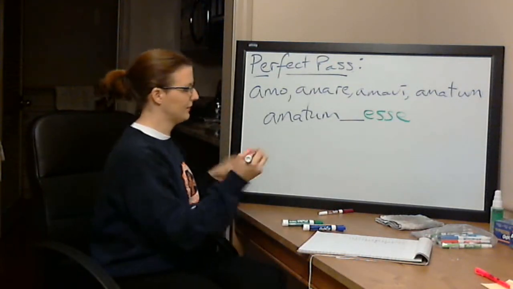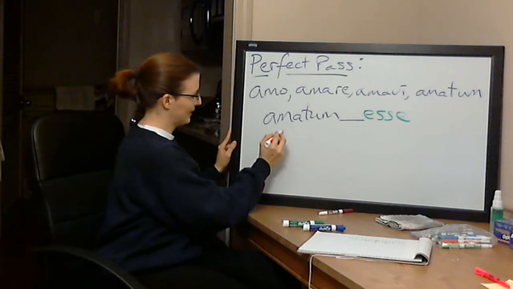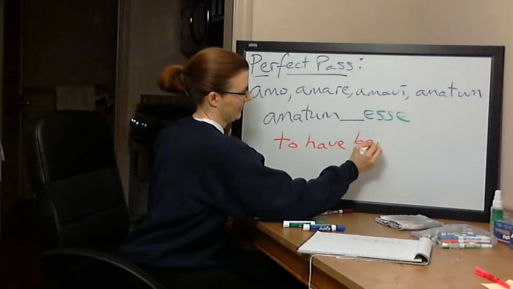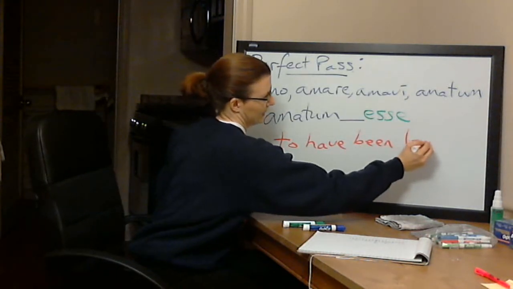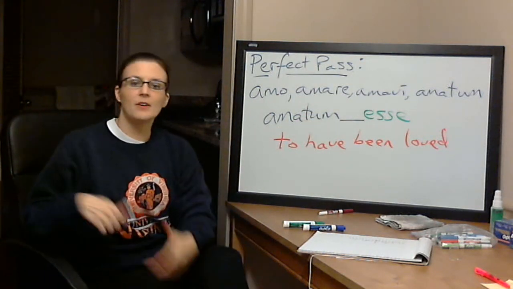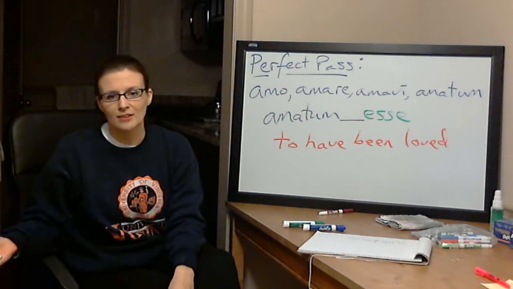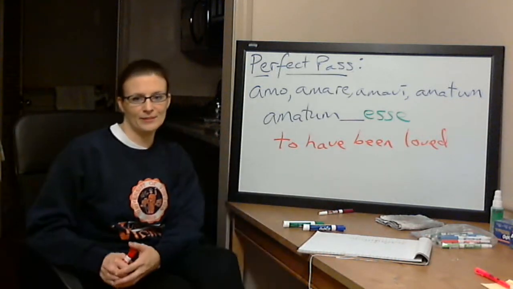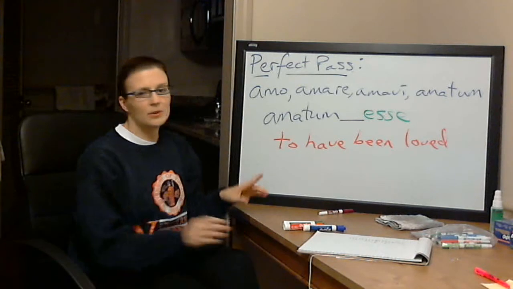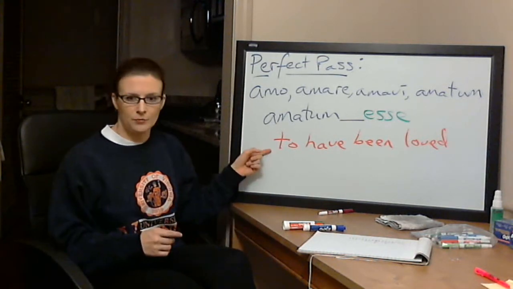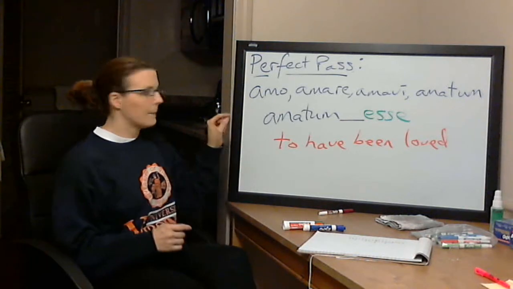And to translate this, we get this wonderfully long "to have been loved." So in that famous line, to have loved and lost is better than to have never been loved at all. This is one of the beautiful things about Latin, how condensed it can be. These two words equal these four in English.